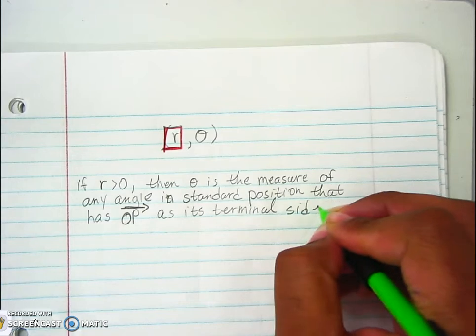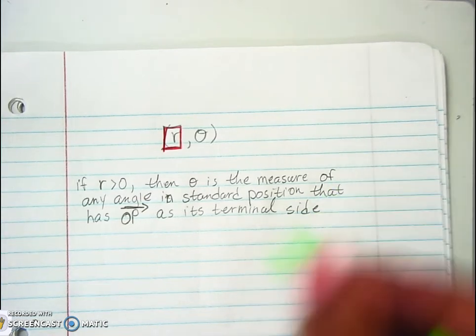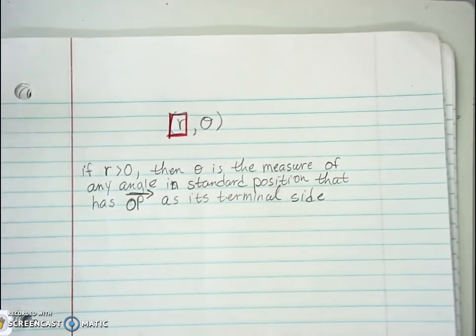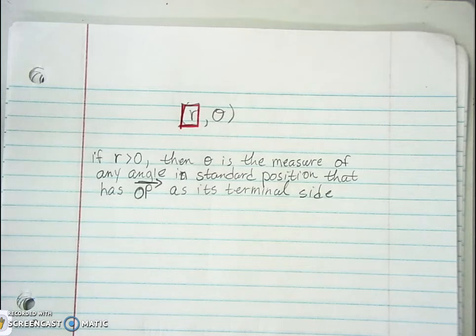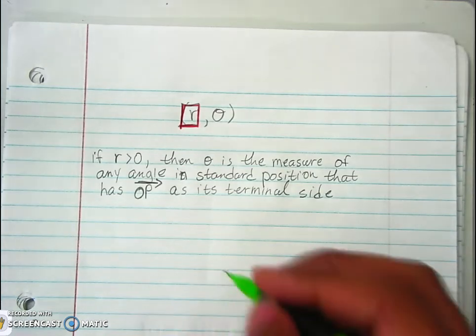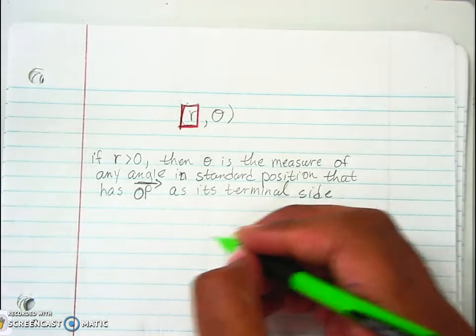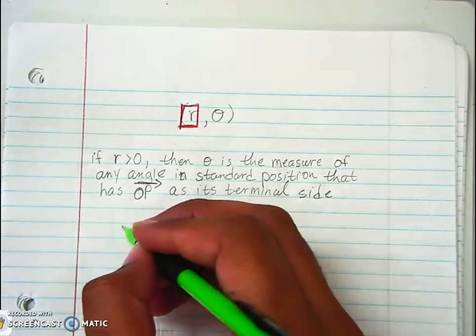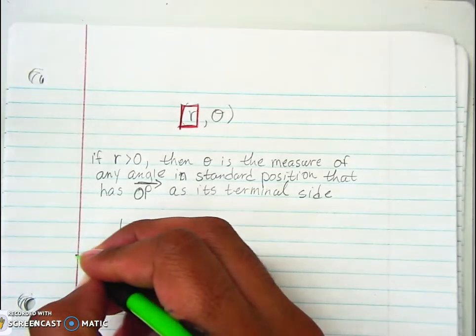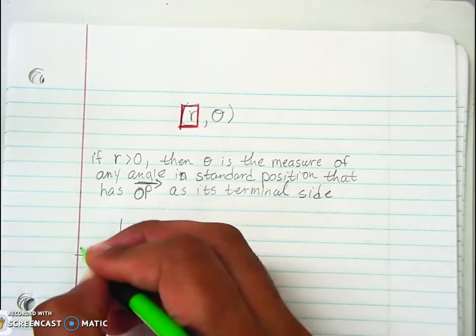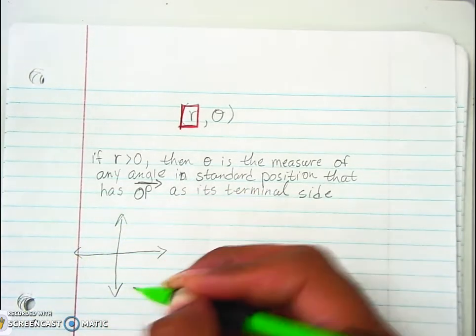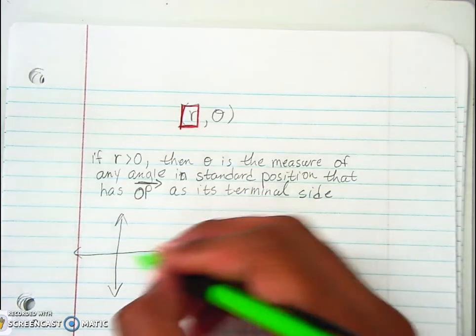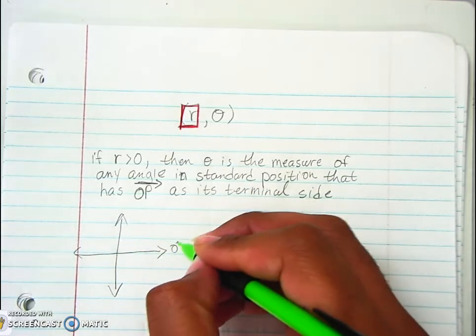Now, when you look at that, you're probably like, huh? What? Say what? I don't understand. So let's give you a picture of what we're talking about. We know here that when we deal with, I'm going to draw this right here just to do it. We know when we have our angles, we know this is at 0, so 0 degrees, 0 radians.